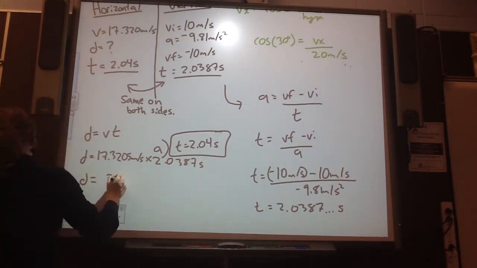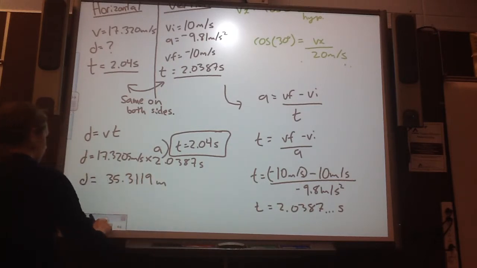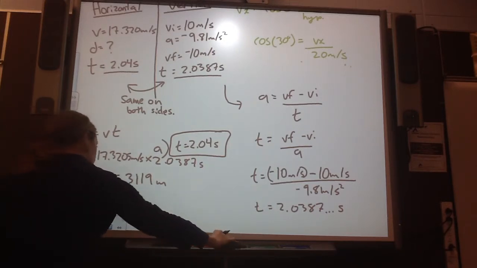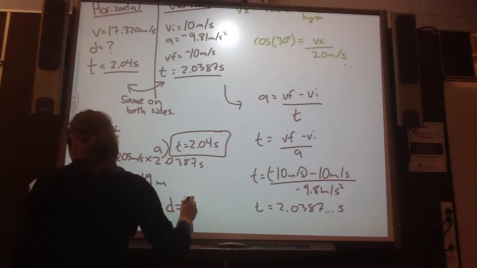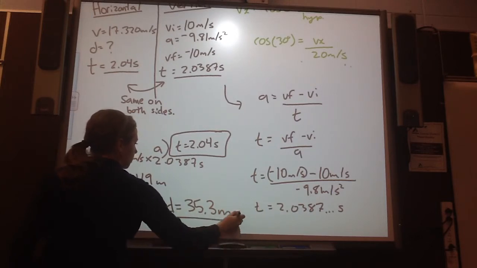D is equal to 35.319 meters. Sig digs, so this is for answer B, D is 35.3 meters.